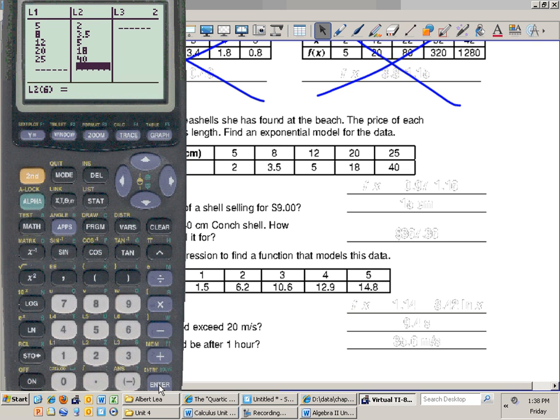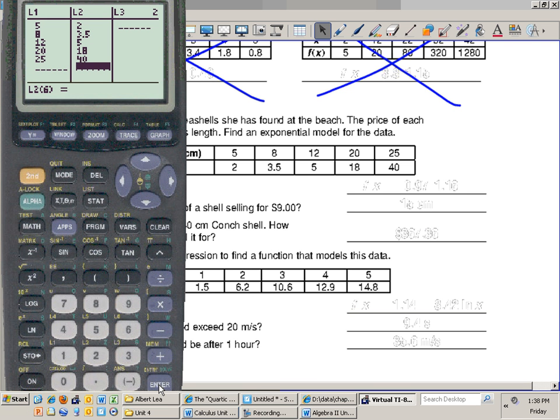If you look at this data, if Bernice is going to sell a, say, 20 centimeter shell, it's going to cost a lot of money, a ridiculous amount of money, as opposed to if she sold a small seashell.